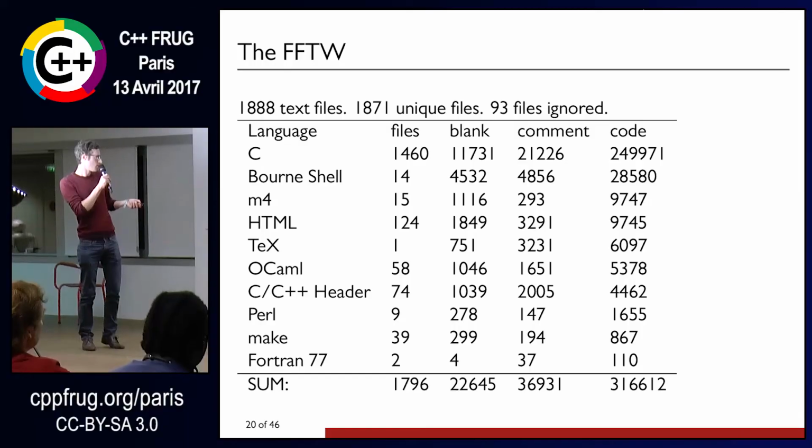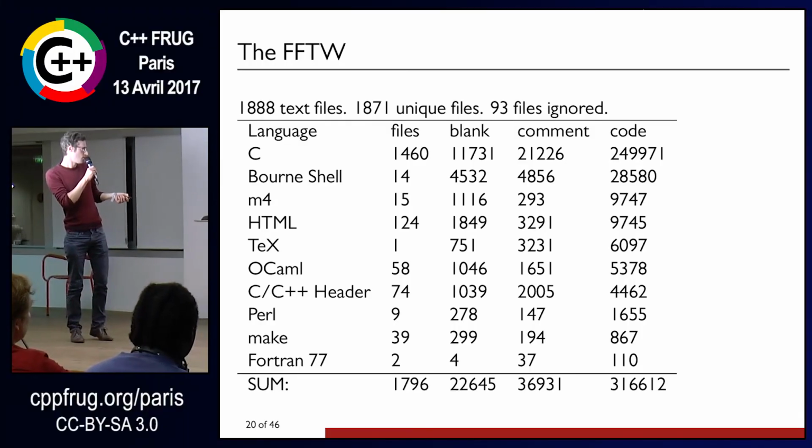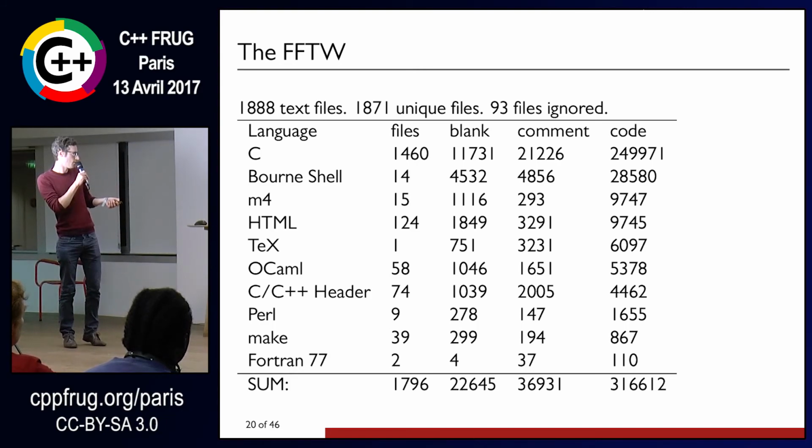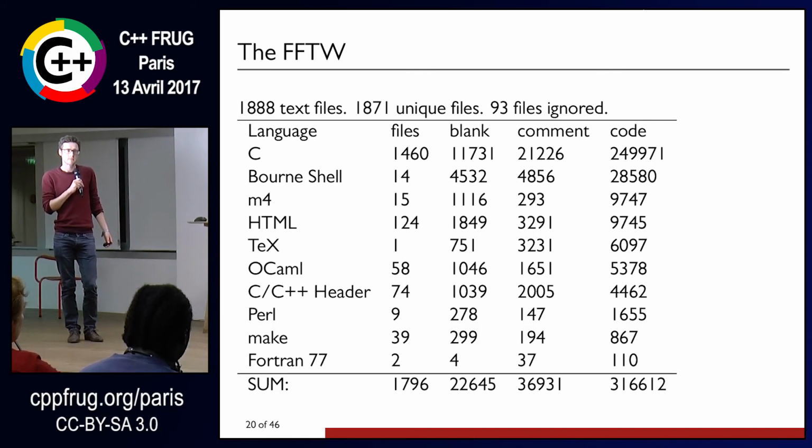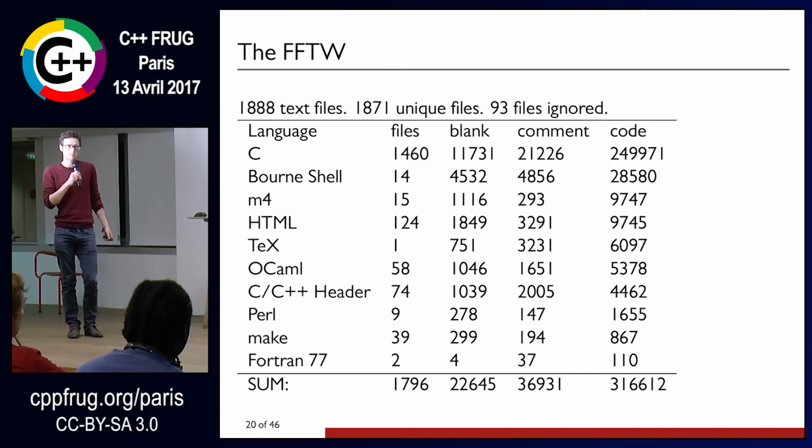Here we are. Okay, so OCaml, we have 5,400 lines of code. Okay, that's very impressive. I didn't realize that was the generator of FFTW. That is very impressive. So that's the OCaml compiler for FFTW, in the GenFFT subdirectory in the archive.